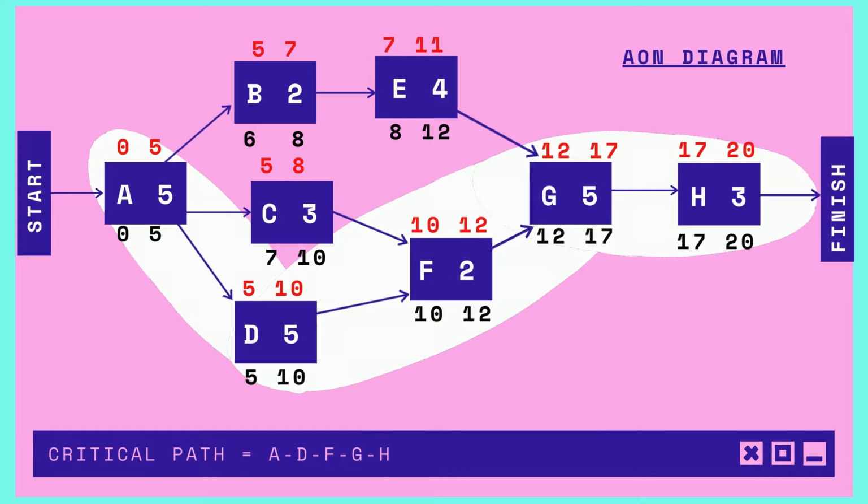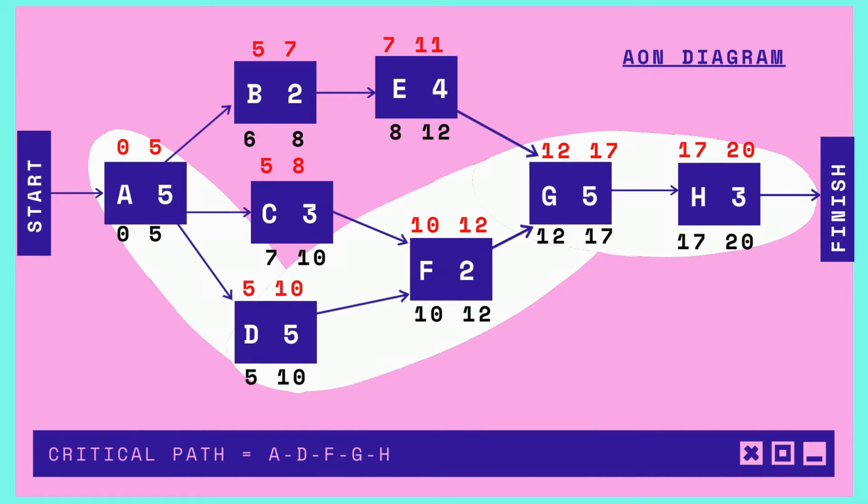After that, from activity E and activity F, activity G can begin, which is the test application. And lastly, the application can be tested on activity H, which ends at day 20. So the project can end at day 20.